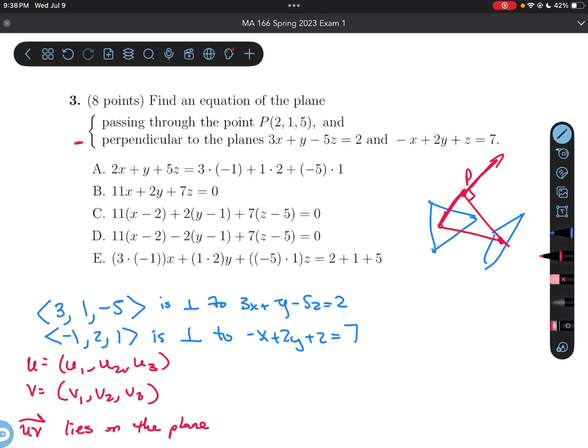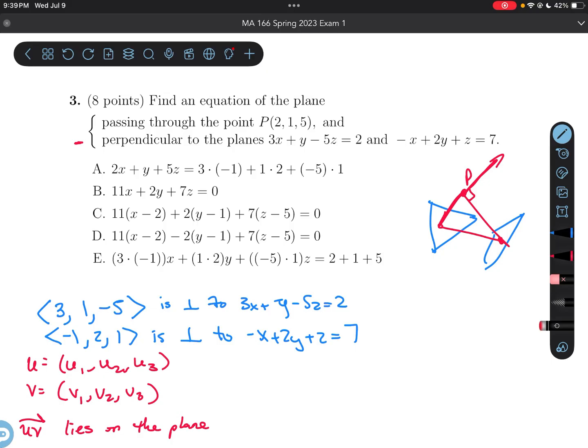If I can find the vector that is perpendicular to this plane, which I'm also going to call plane P, then using the same strategy that I used here, where I found that the vector 3, 1, negative 5 is perpendicular to this plane, I can find the formula for the equation of this plane. So basically, I just need to find the vector that is perpendicular to this plane.